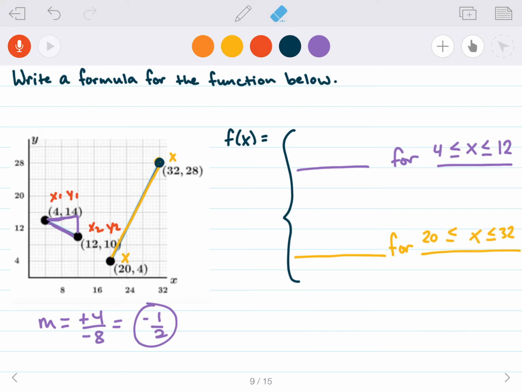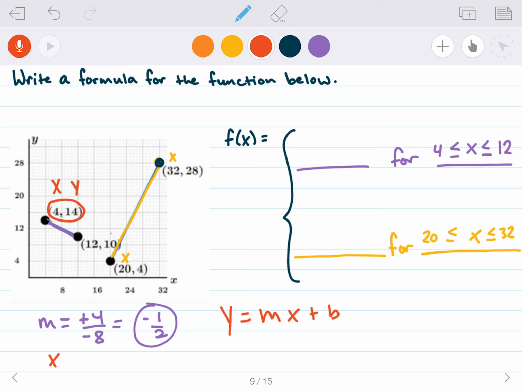Now we need to figure out what the y-intercept is of this segment. And to do that, we need to choose an x comma y to plug into the basic formula y equals mx plus b. Now, which one you pick doesn't matter to me. I'm going to pick this one right here. I'm going to pick 4 as my x value, and 14 is the corresponding y value.